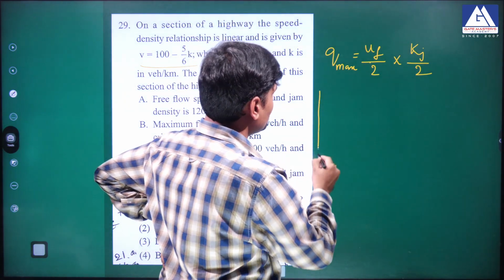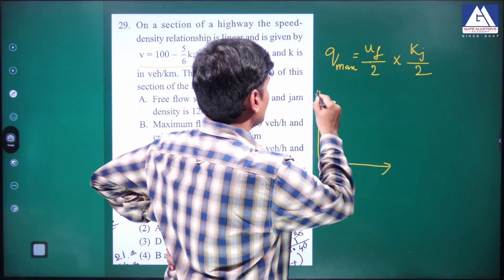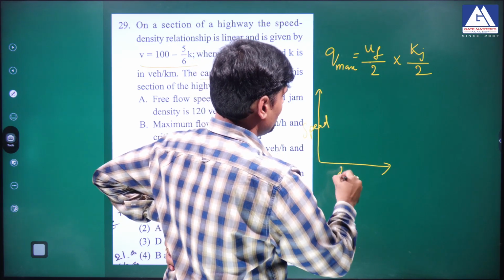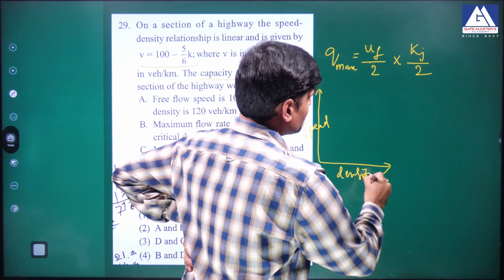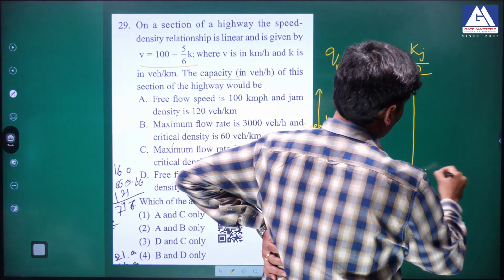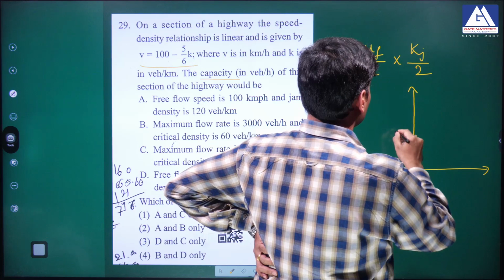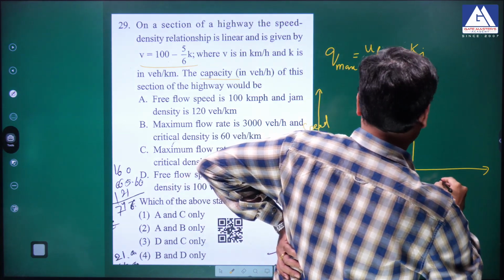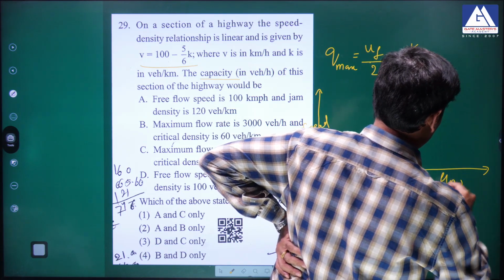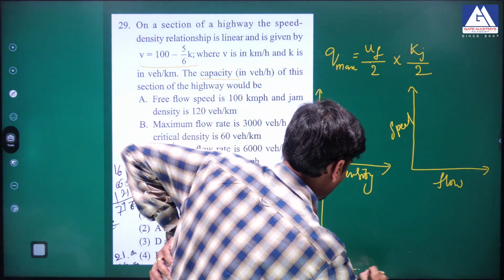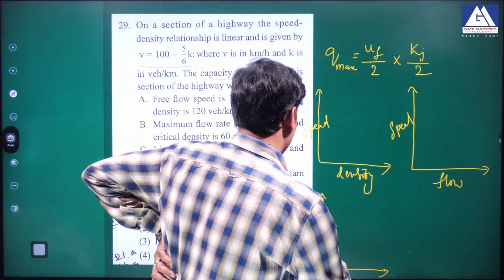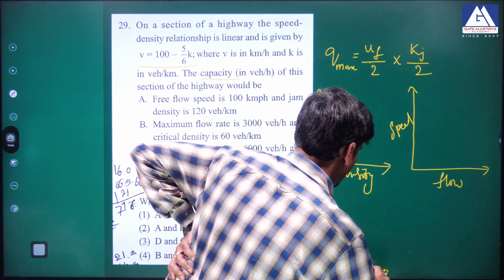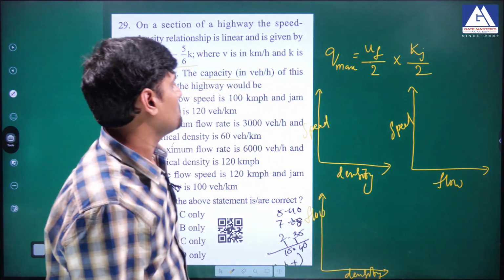Again, by memorizing the relationship between speed and density, then the relationship between speed and flow, and also the relationship between flow and density. So let us try to transform one onto the other.